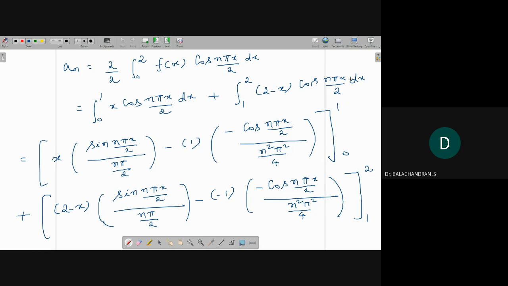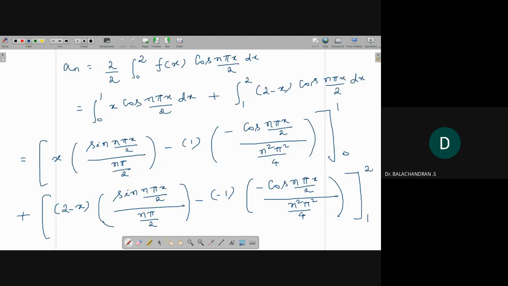So next I need to integrate this function. Keep 2 minus x. If you integrate cos n pi x by 2, you get sin n pi x by 2 divided by the coefficient of x, n pi by 2, minus, if you differentiate 2 minus x, you'll get minus 1. If you integrate this function, you'll get minus cos of n pi x by 2 divided by n square pi square by 4. Limit is from 1 to 2.